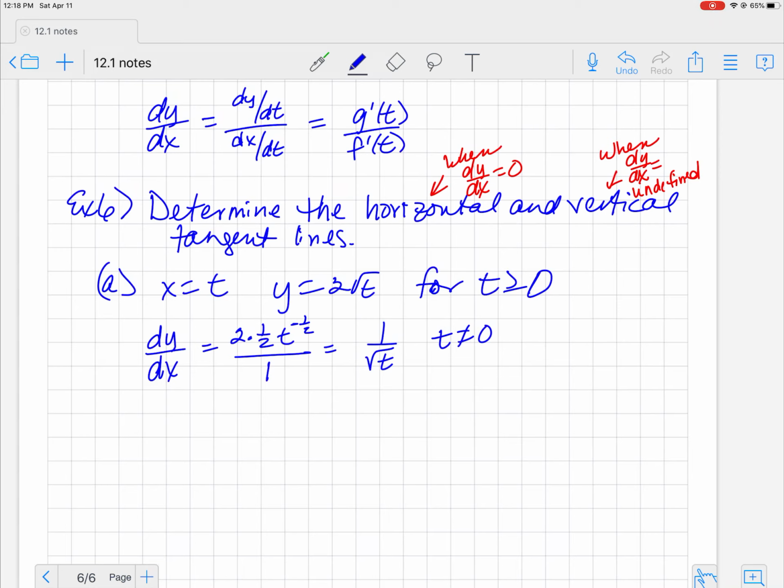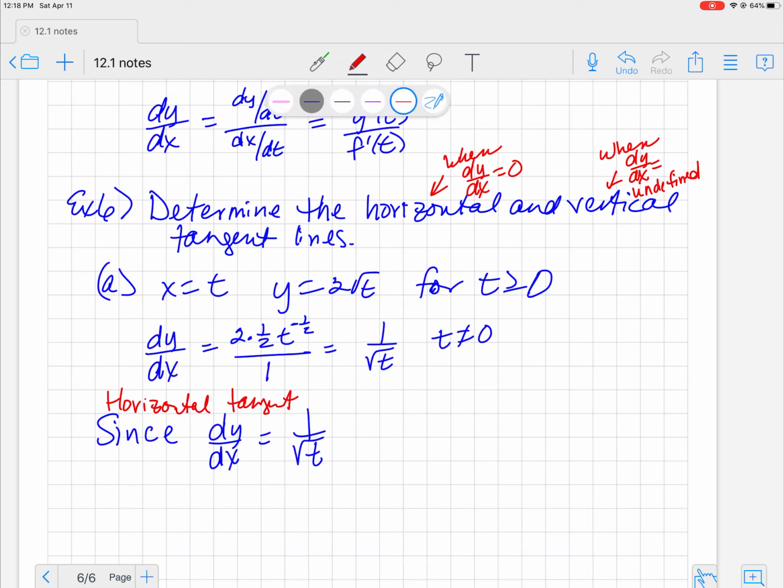Since dy/dx is equal to 1 over the square root of t, for the horizontal tangent I want this derivative to equal 0.